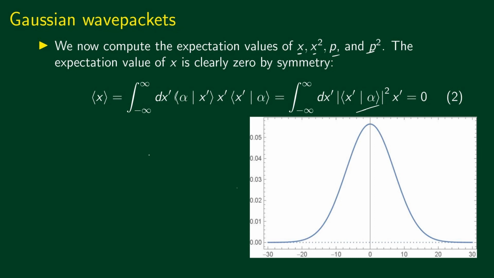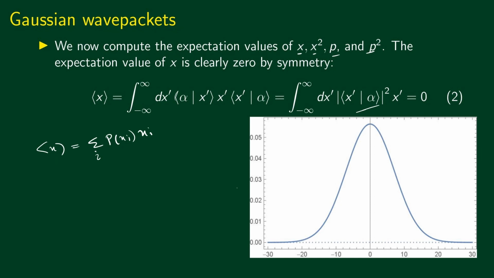For example, in the discrete case, suppose position is discrete, the expectation value can be written as the sum over i of p of x_i multiplied by x_i, which means you take each possible position, multiply it with the corresponding probability, and add them all up. That will give you the expectation value, or the average value of x.